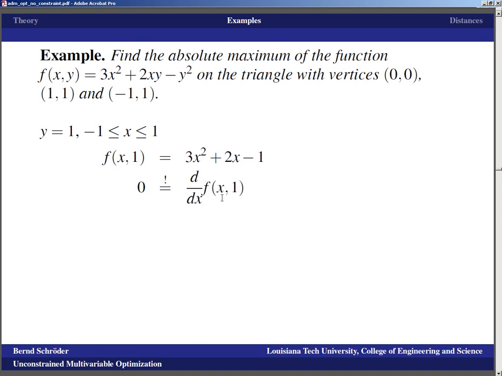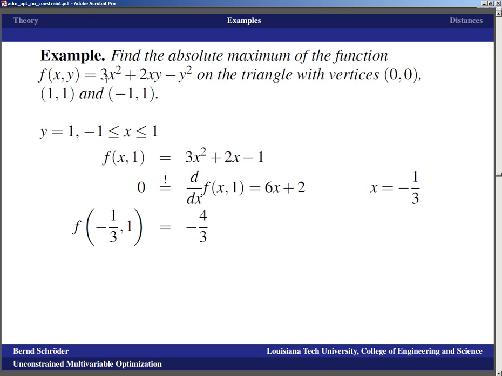So I take the derivative with respect to x and set that equal to 0. And we end up with 6x + 2, which gives us x = −1/3. And so that means, because −1/3 is between −1 and 1, that's a point that we should investigate. And so, because y was supposed to be equal to 1, we need to find out what f(−1/3, 1) is.